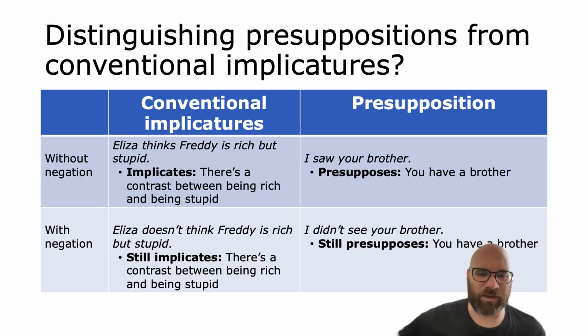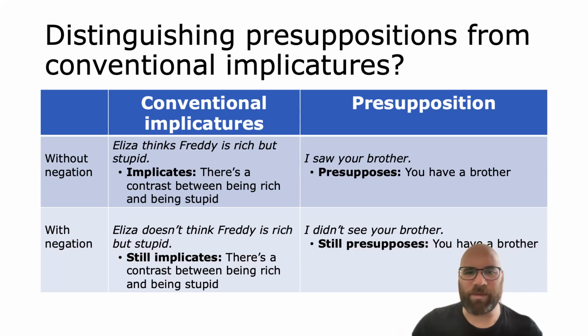Conventional implicatures also don't flip under negation. For example, if we think about the conventional implicatures with "but" that we've talked about in previous modules, we can have a sentence like, "Eliza thinks Freddie is rich but stupid." That implicates that being rich and being stupid are in contrast.